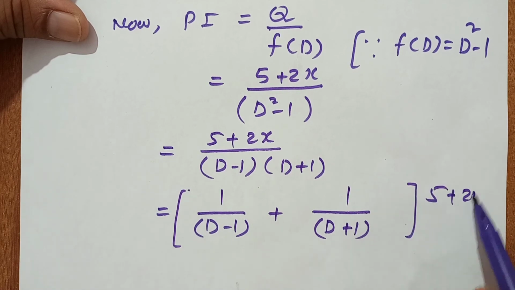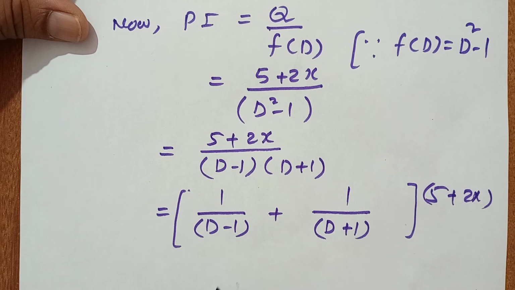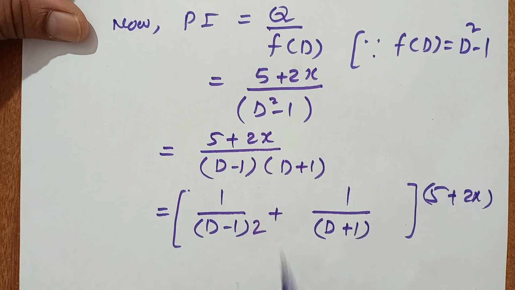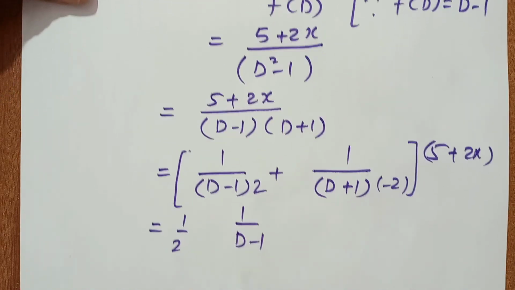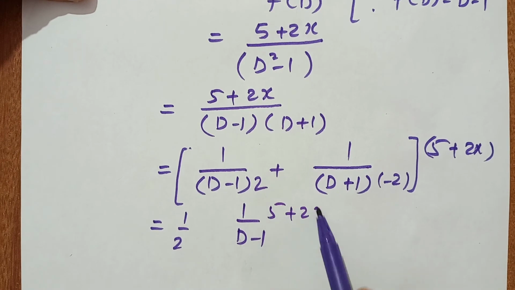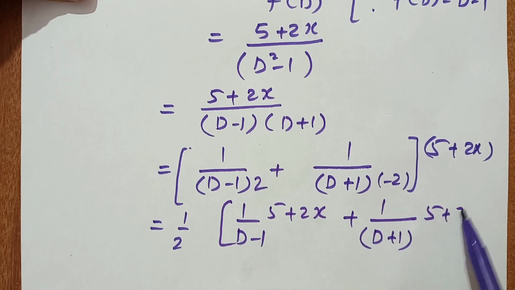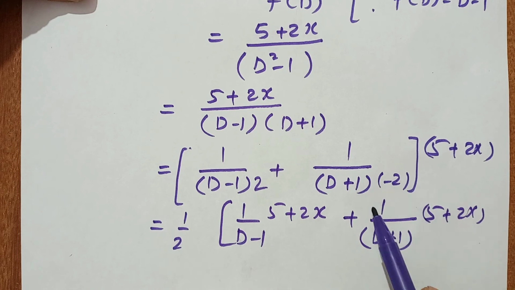By partial fractions. For D minus 1, D is equal to 1, so 1 plus 1 is 2, so here 1 by 2. For D plus 1 equal to 0, D is equal to minus 1, so here minus 2. This is very easy. 1 upon 2 is common. So 1 upon D minus 1 of 5 plus 2x, and 1 upon D plus 1 of 5 plus 2x, but here this is minus.